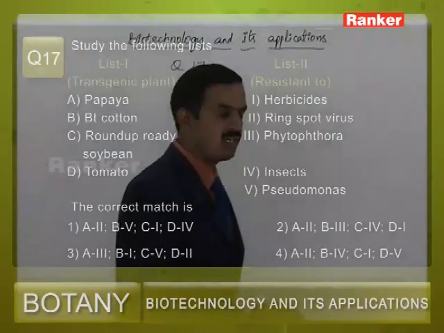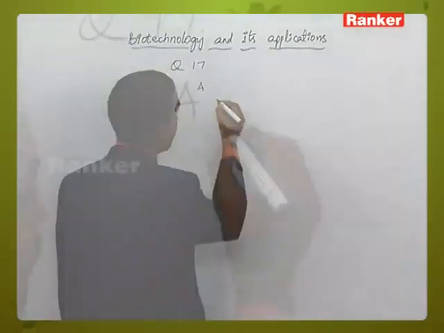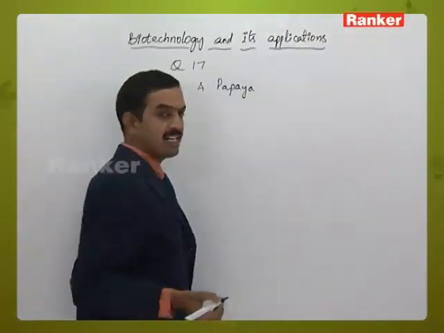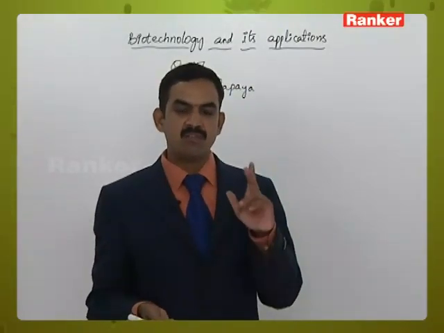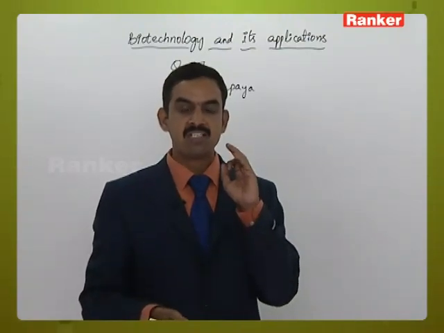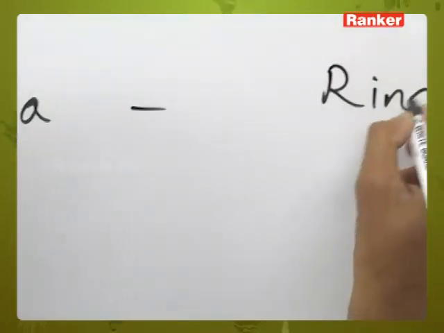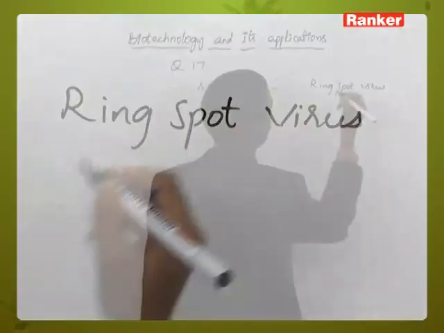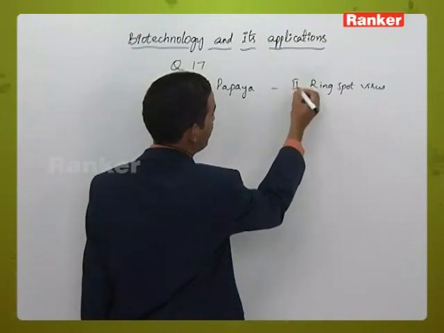So let us come to the transgenic plants which are given in list 1. First one is the papaya plant. Here the transgenic papaya plant has resistance against ring spot viruses. Ring spot virus has been given in option number 2.